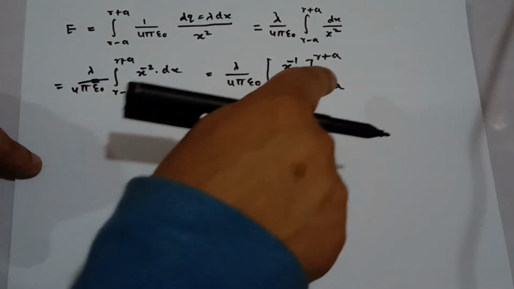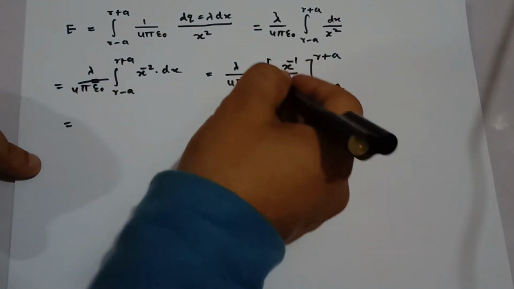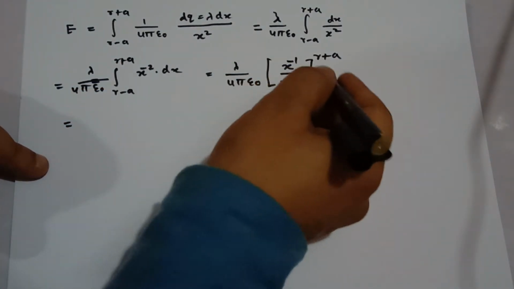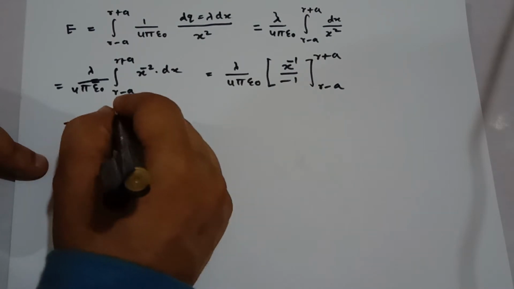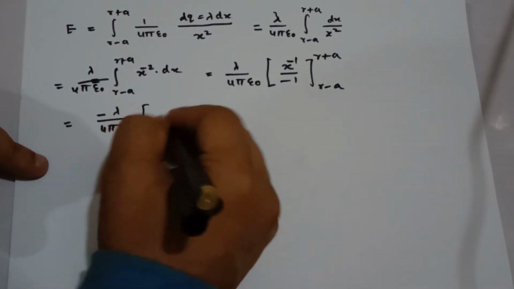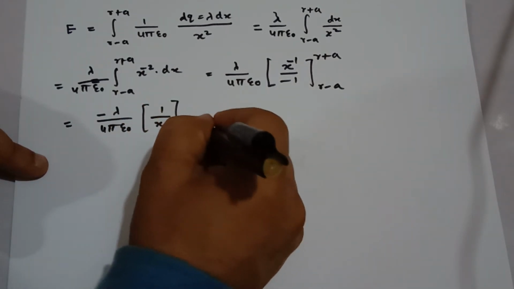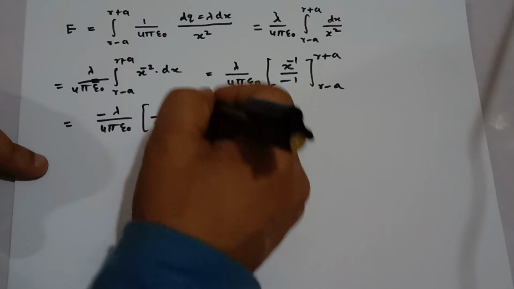Now you have to put in this limit and take the minus sign out of this term, so that would be minus lambda divided by 4 pi epsilon naught, and x to the power minus 1 is 1 by x, with the limits r minus a and r plus a.